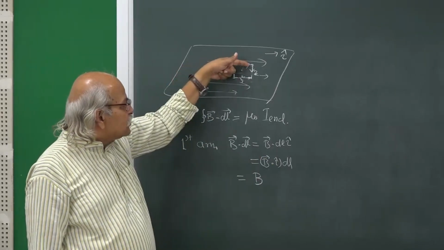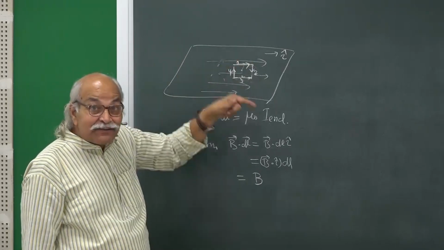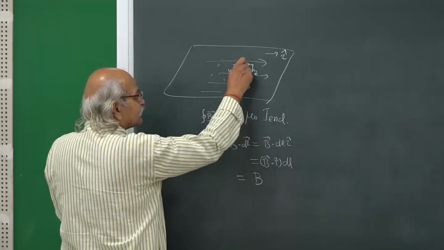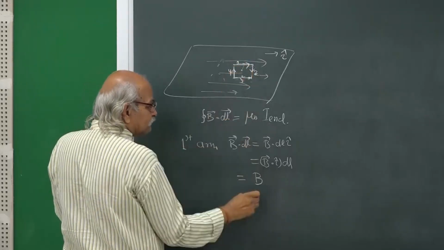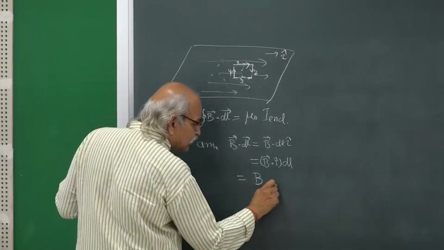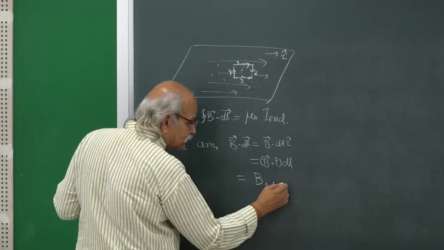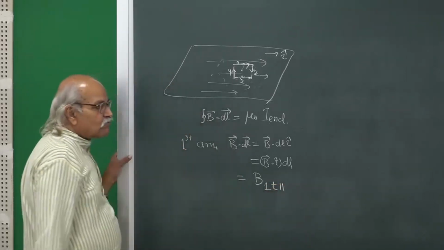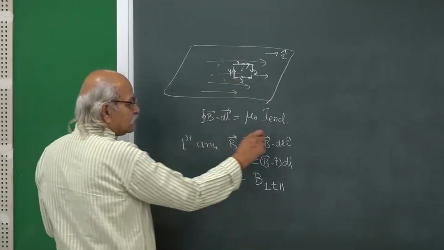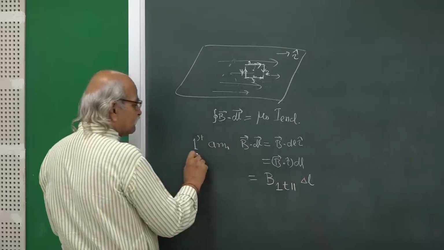This is the tangential direction, and parallel to the current, right. So, let us say here the magnetic field is B1. So, on the first arm, B1 is the tangential component, and that tangential component is parallel to the current, and then the length is delta L.